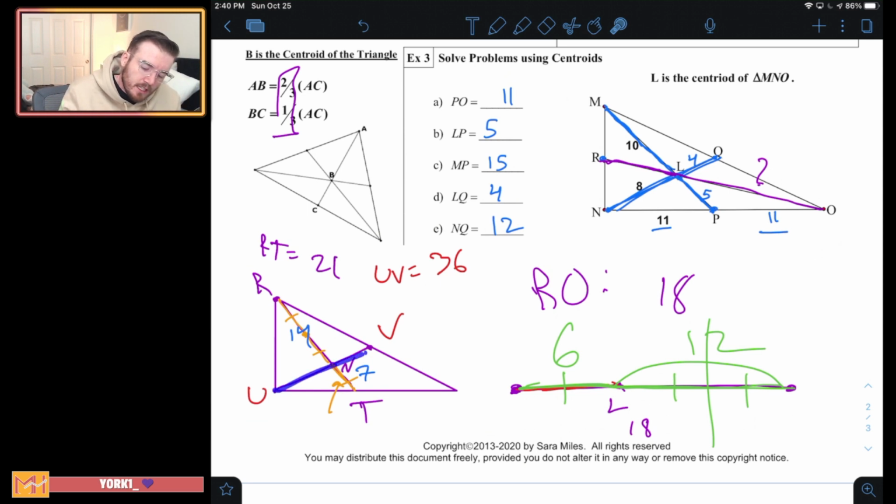If UV is 36, well, 1/3 of that, 36 divided by 3, is 12. So the short piece, N to V, must be 12. Double that to get the long piece, you get 24. Does 24 plus 12 equal 36? Indeed it does. The pattern works out.